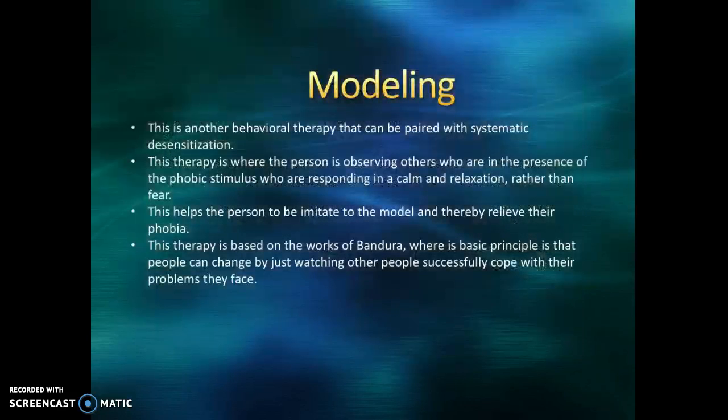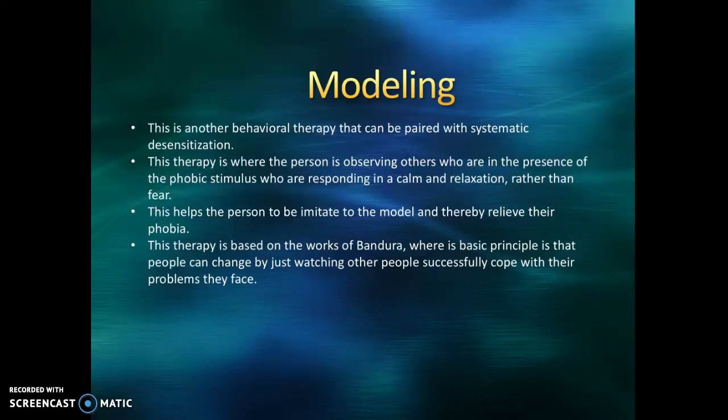The third behavior therapy is modeling. This can be paired with systematic desensitization. In this therapy, the person observes others who are in the presence of the phobic thing and who are responding with calm relaxation rather than fear. So there is a person who is looking at someone else.